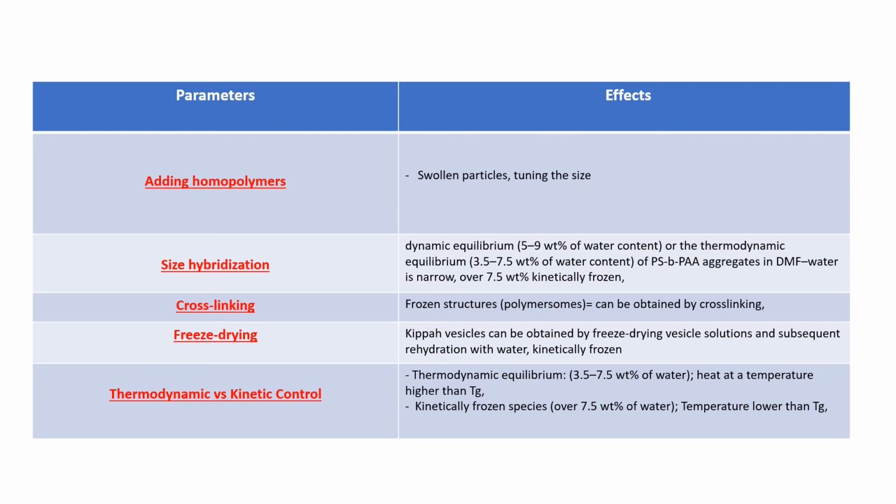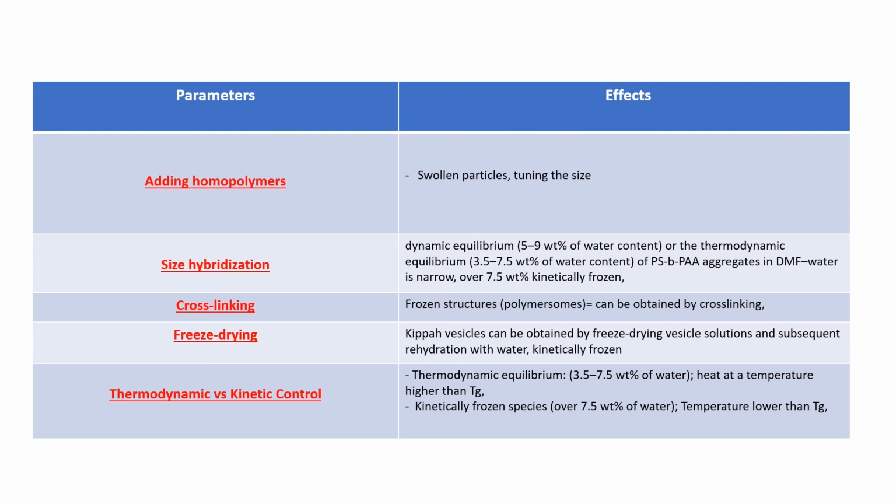We call it a kinetically frozen structure when, upon adding 7.5% of water, cross-linking leads to a frozen structure. Freeze drying of vesicles, then addition of water, leads to kippa vesicles with internal indentation.